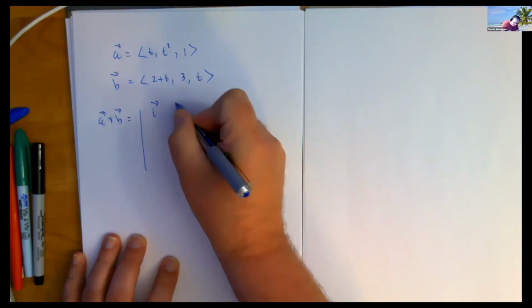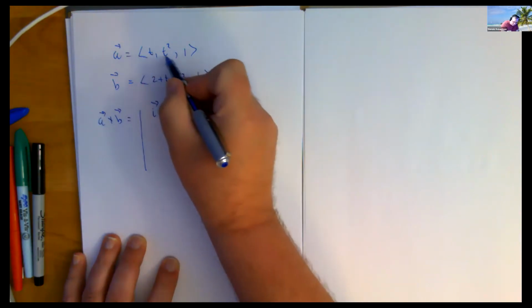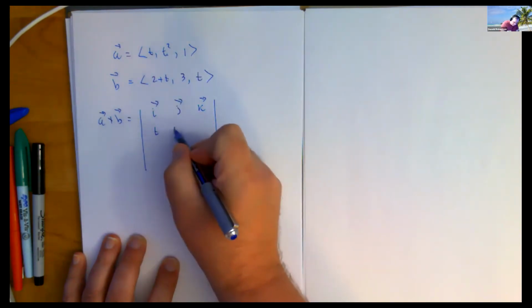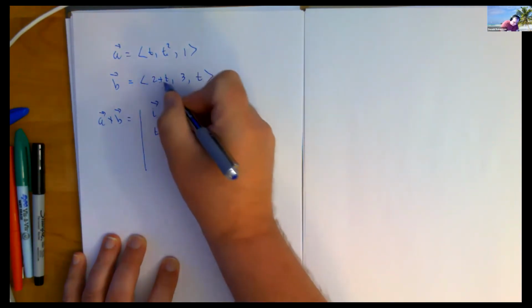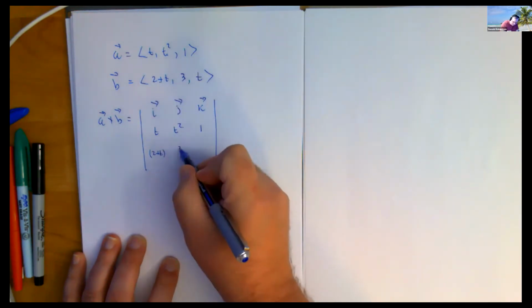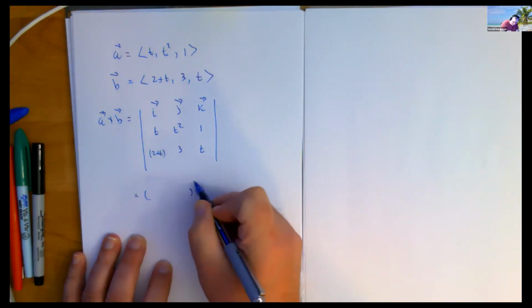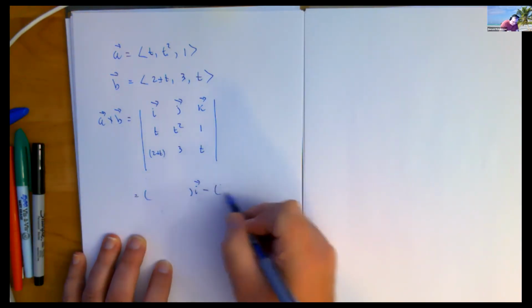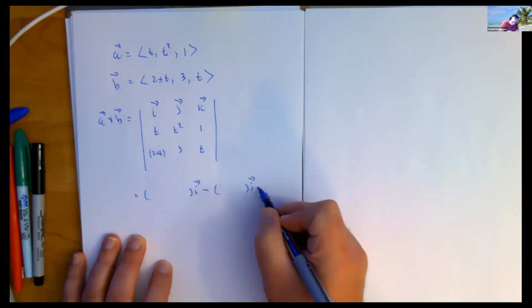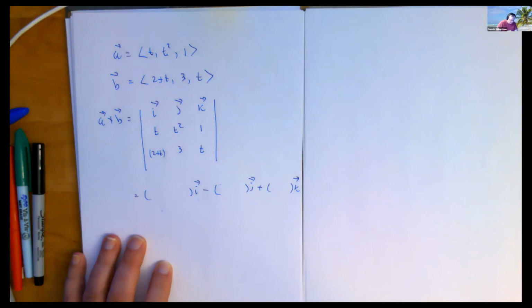If you were being asked to find the cross product of those, go through the exact same mechanical process that you would do if everybody was a number. So t squared and 1. 2 plus t, 3, and t. And then you'd get so many i's, take away so many j's, plus so many k's.